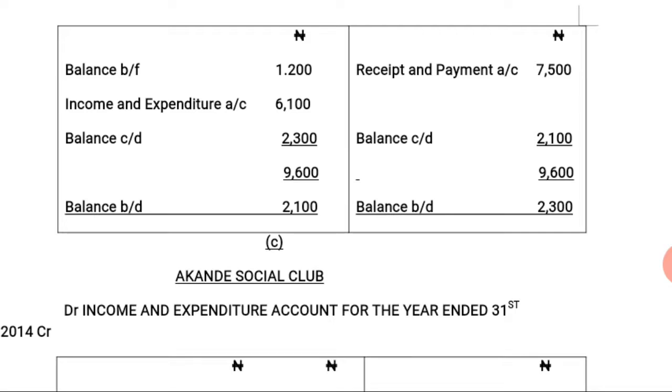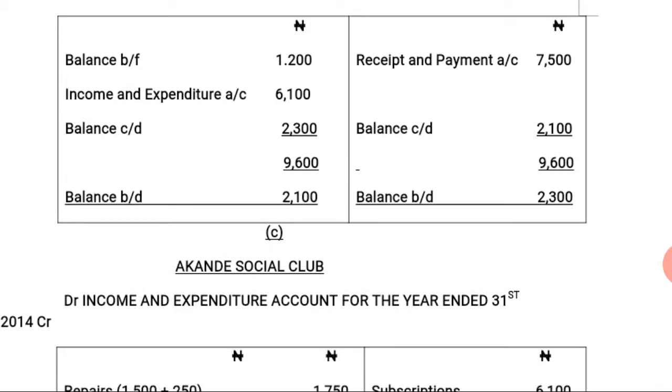Let me quickly re-explain that aspect. We have the total cash receipts from our receipts and payments account, which stood at 7,500 naira. Then the subscription owing for 2014, that is the one that is yet to be received from the members as at the end of 2014, stood at 2,100.